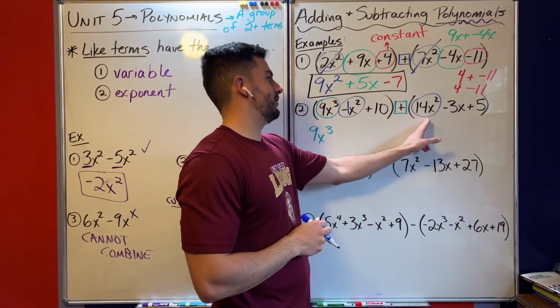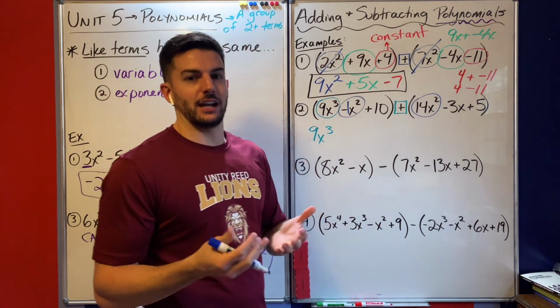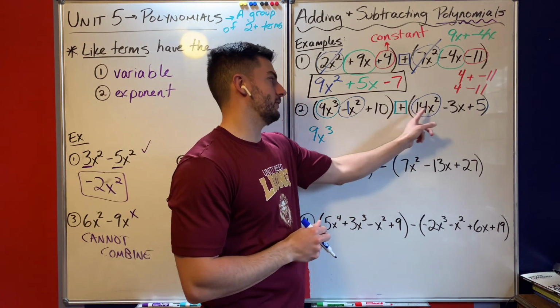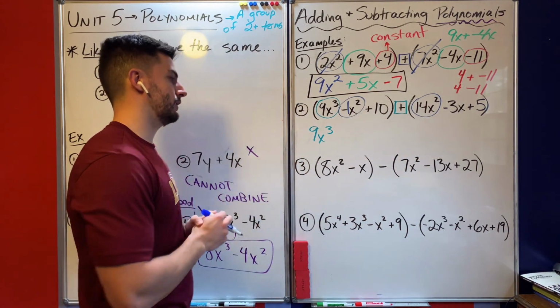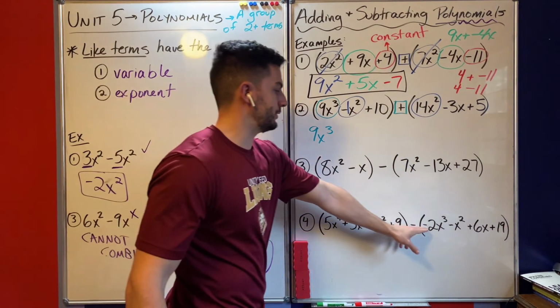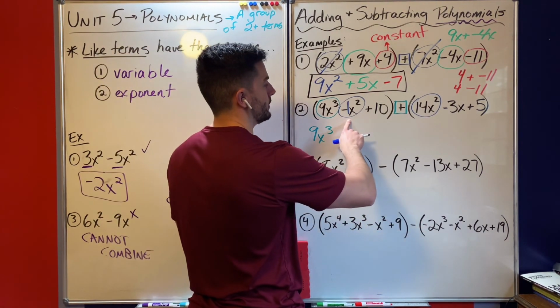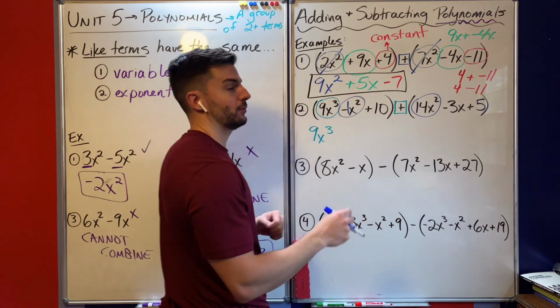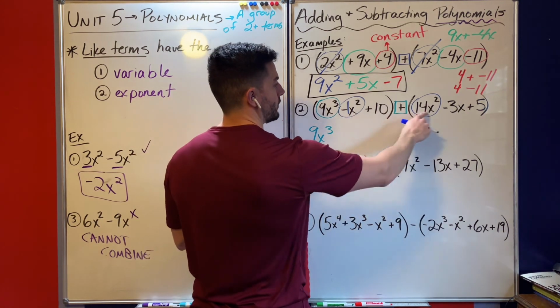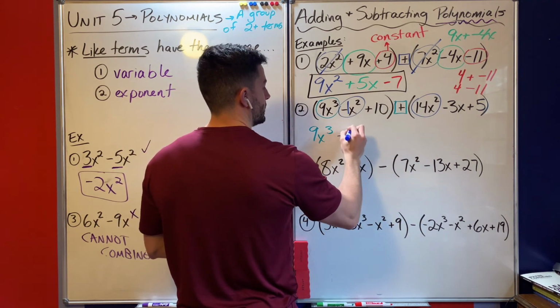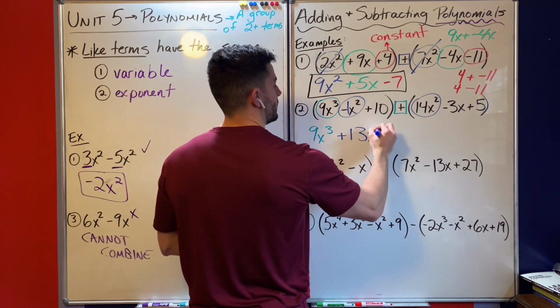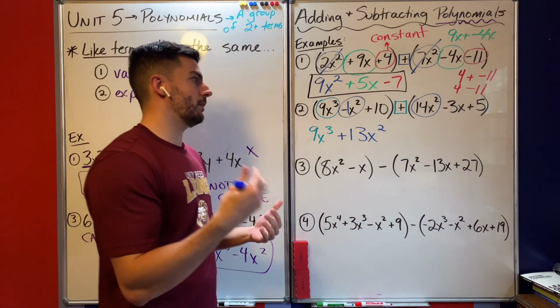If it's at the very beginning and it doesn't have a sign, it's positive. If it was negative, it would have the negative sign in front of it, like this one down here, you can see. So this is negative 1 plus 14. That's the math we're doing. So negative 1x squared plus 14x squared gives me positive 13x squared. So that's what I get when I add or combine those two.